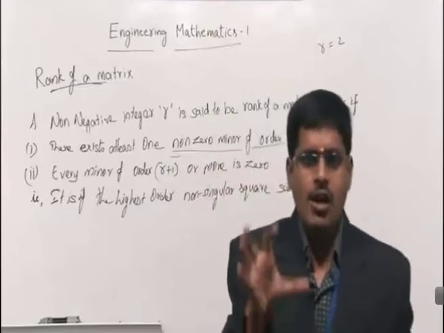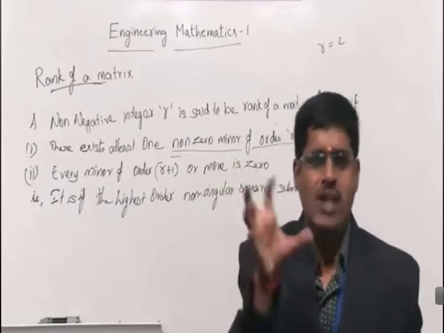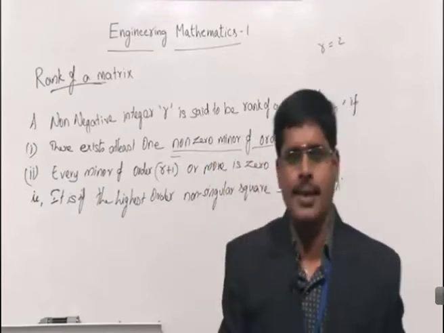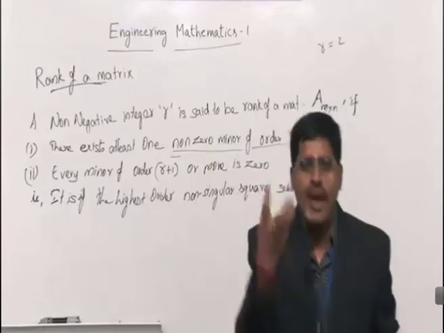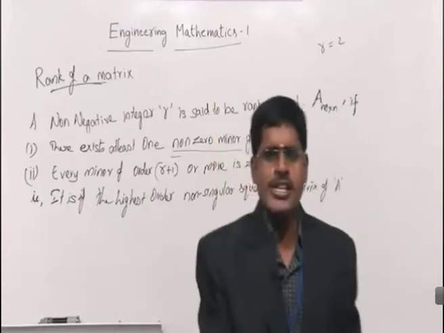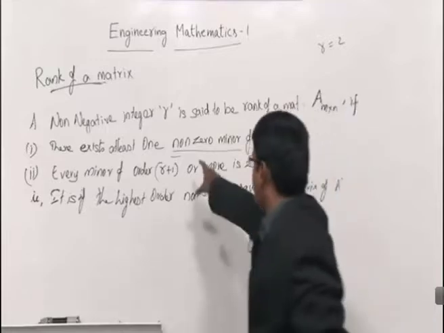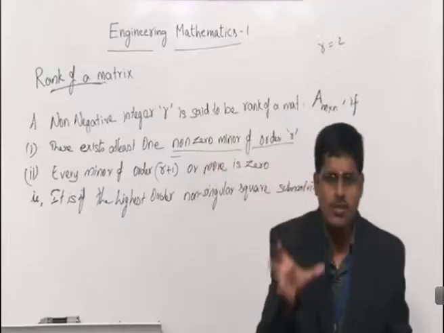Minor of order r means the determinant of an r cross r submatrix in the given matrix A. That means I took r equal to 2. In the given matrix, you find a 2 by 2 matrix whose determinant is not equal to 0. Non-zero minor means determinant not equal to 0.